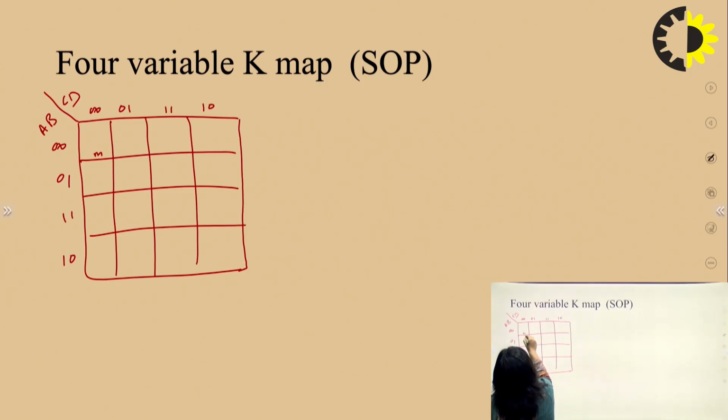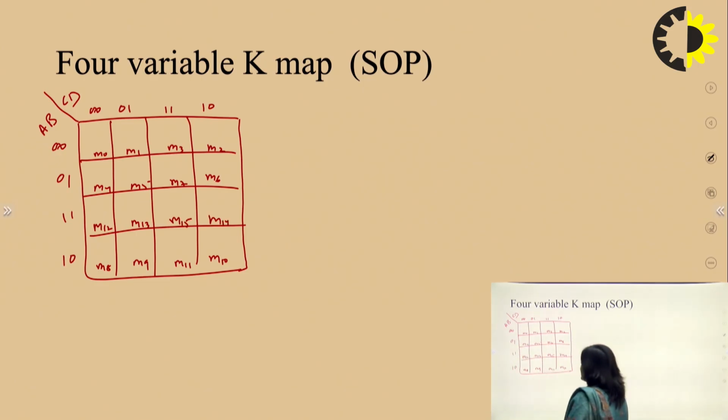So this cell is M0, this is M1, this is M2, this is M3, M4, M5, 6, 7, 8, 9, 10, 11, 12, 13, 14 and 15.